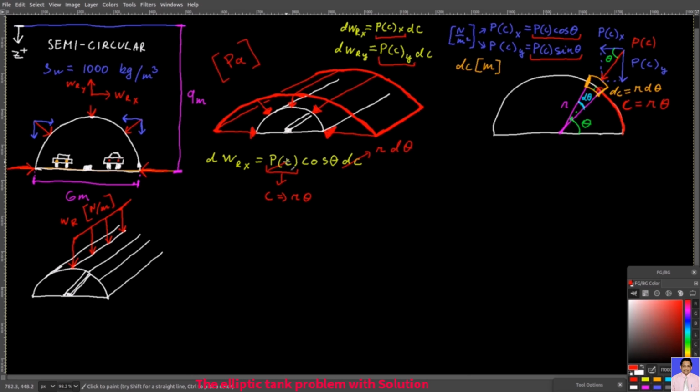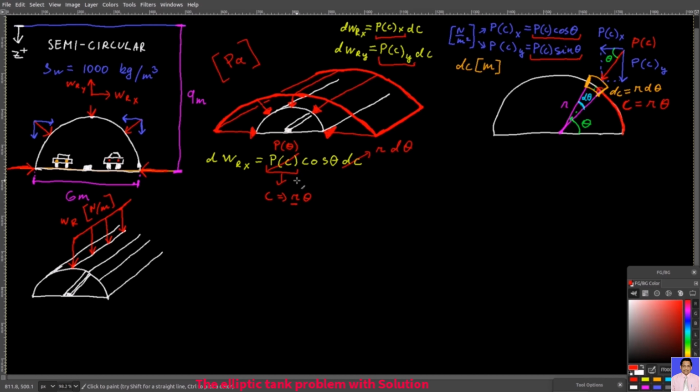Then here I can easily say that I have pressure as a function of theta, because I simply replace every arc length in this function with r times theta. And r is a constant value, so I don't have to include it here. So it's just a notation.